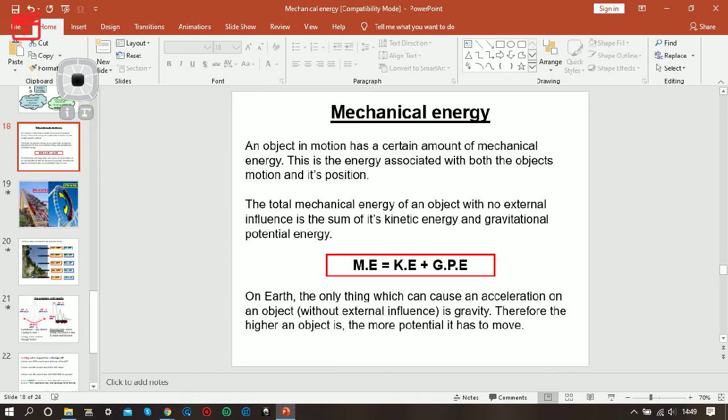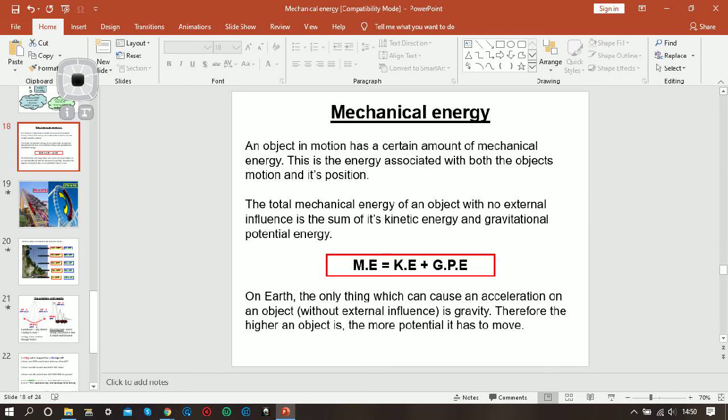If there were no engines, or you couldn't push or pull anything, the only thing that would cause something to accelerate would be gravity. So the higher you are, as you go towards the ground, you're using up that stored gravitational energy and turning it into kinetic energy. It's a direct transfer, so the two of them combined add up to the total amount of energy.